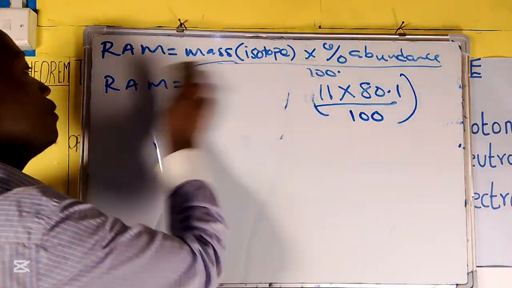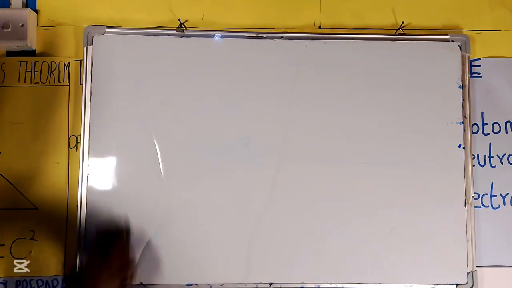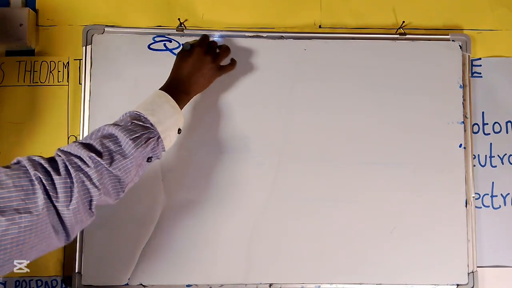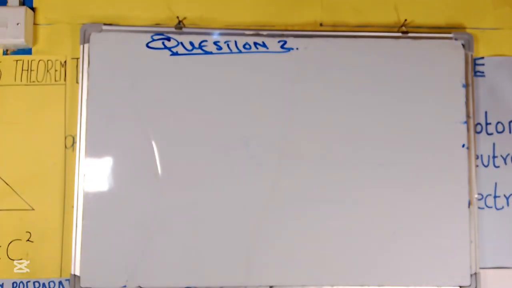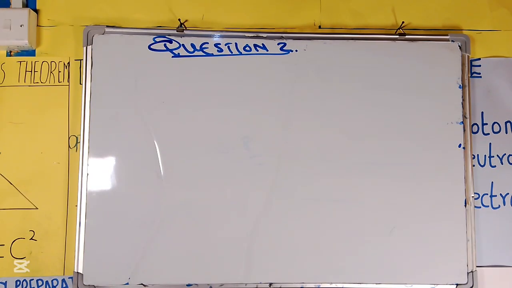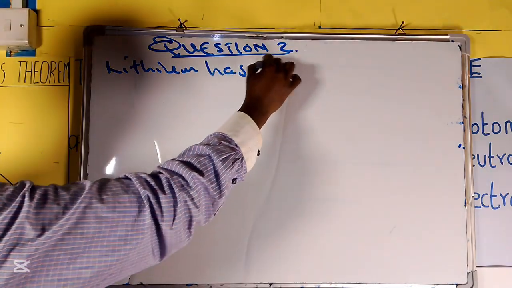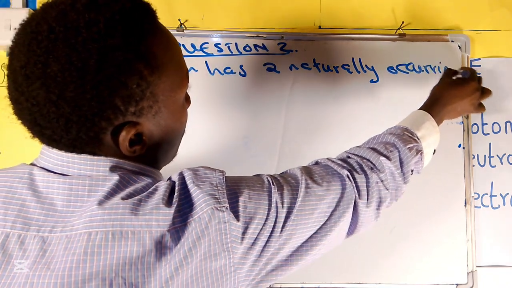Let us do example 2. Question 2. On RAM, we have lithium has two naturally occurring isotopes.